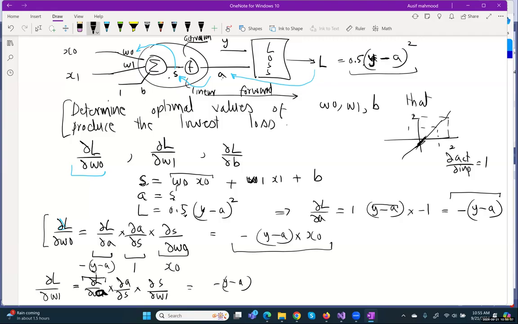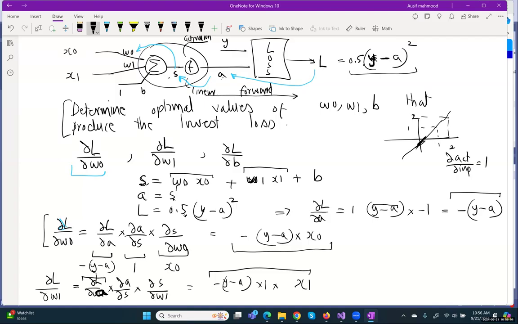Then partial A over partial S, as we discussed, it's a linear function. So this is 1. And then partial S over partial W1, only now this term will be considered. Everything else will be 0. So what will this part be? X1. Okay, so this is the answer for partial L over partial W1.